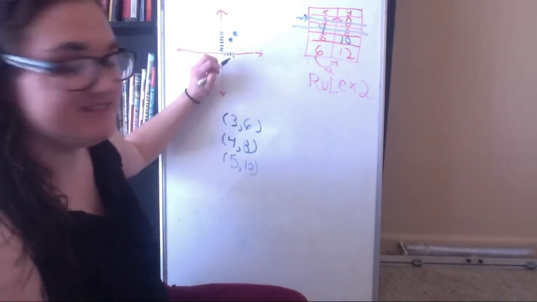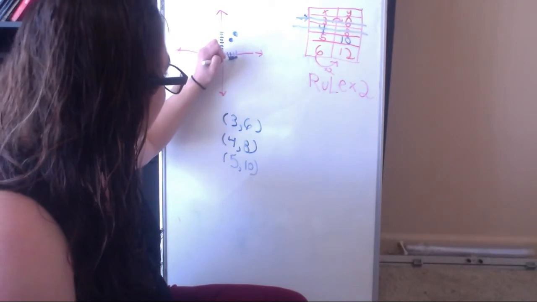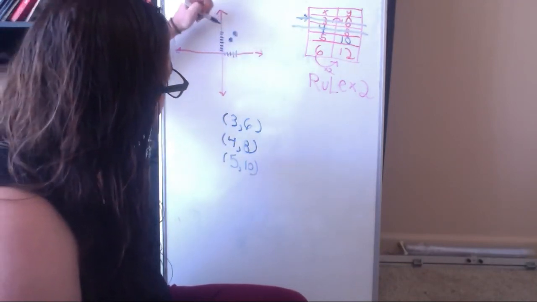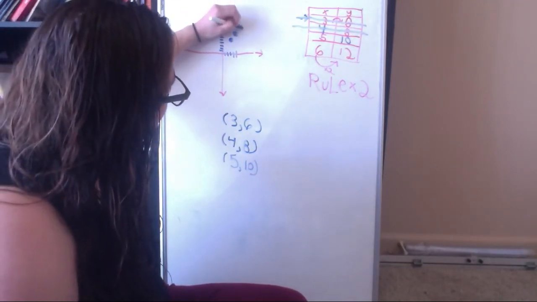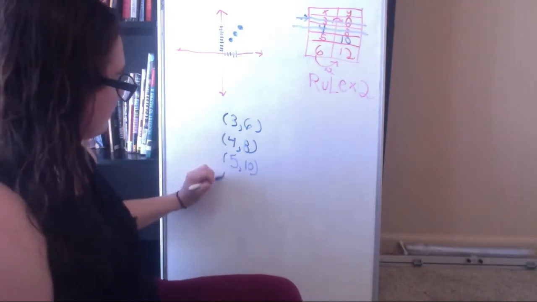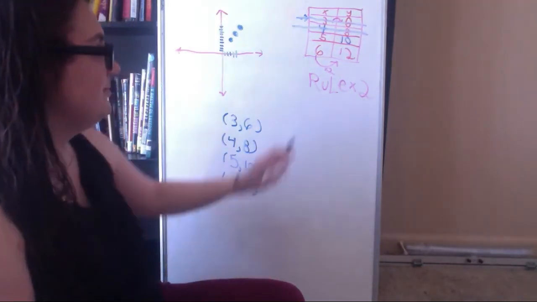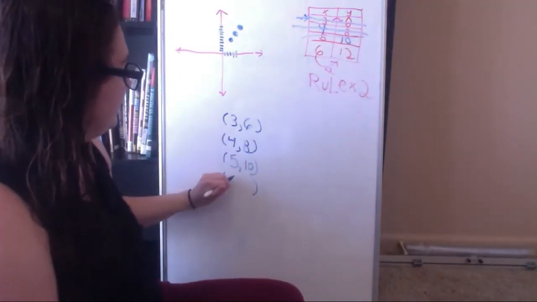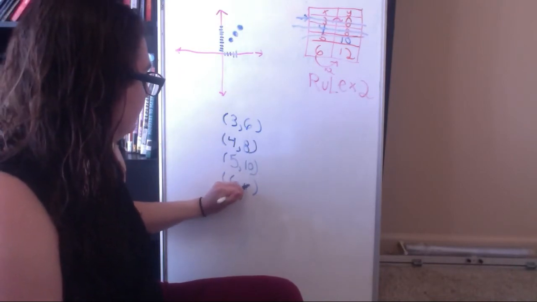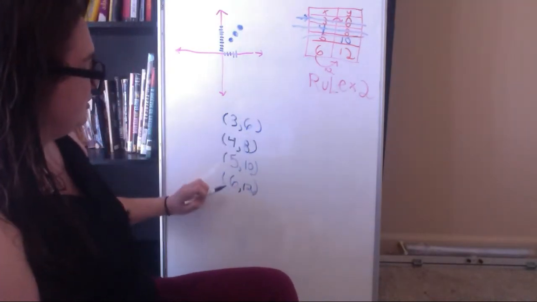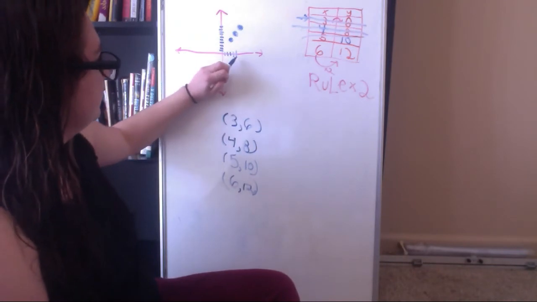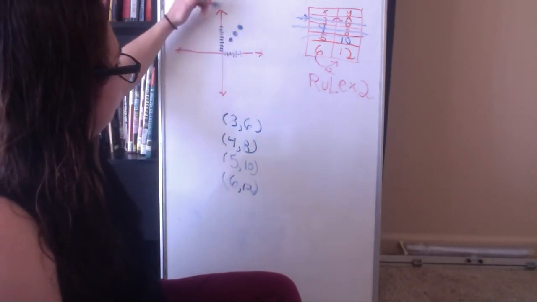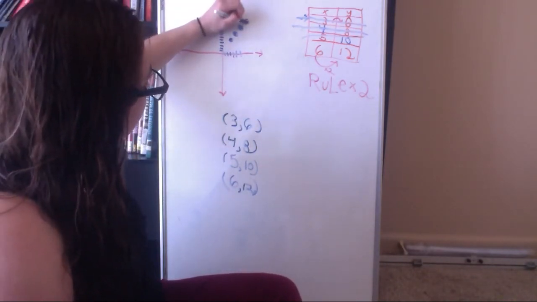So again, they're both positive, so I'm going to go over 4, 5, up 9, 10. Awesome. And finally, I'm going to do my last one, which is 6, 12. And so I'm going to go over 6. So this is 5, 6. I'm going to go up 12. I'm going to plug my dot in.